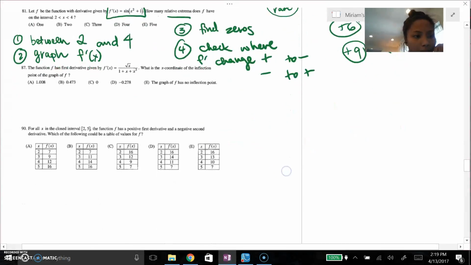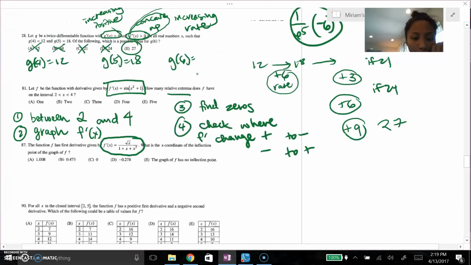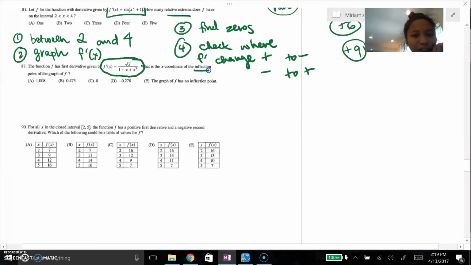Number 87 says the function f has a first derivative given by this. This is calculator section, so you will have to use your calculator. It says, what's the x coordinate of the inflection point? All right. Inflection point is when the second derivative changes from positive to negative or negative to positive.